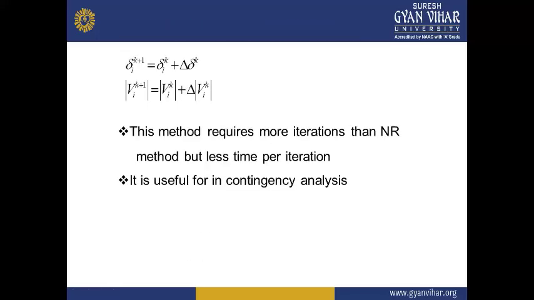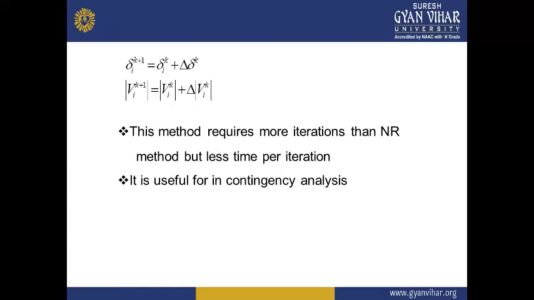After this, we can calculate delta k plus 1, which is equal to delta k plus the deviation in delta k, that is, how much the voltage angle is changed. Similarly, the voltage is changed for the next iteration.